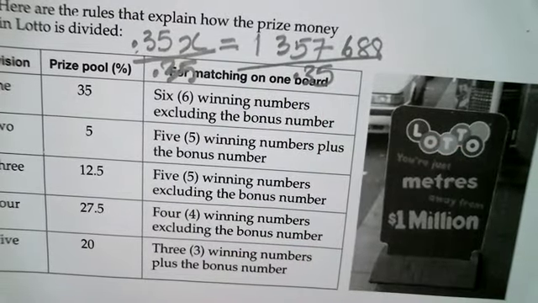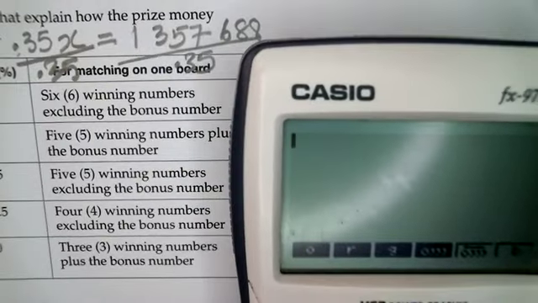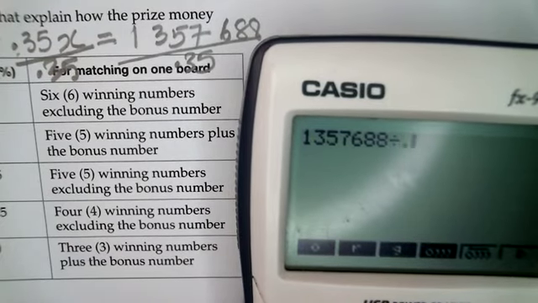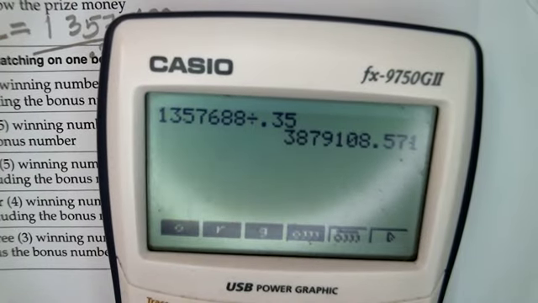So I'm just making life easy for myself. So 1,357,688, and I'm going to divide that by 0.35. And I end up with 3,879. Okay, here we go. So I'll just write that out.